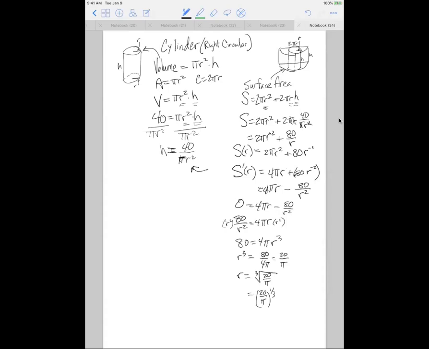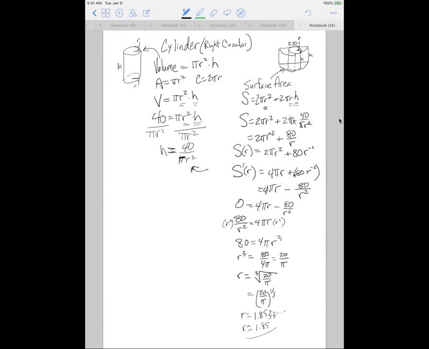On the calculator, I put in parentheses, because I don't want to raise it to the first power and then divide by 3. I want to raise it to the 1 divided by 3 power. That gives me r equals 1.8533, and let's round that to r is approximately 1.85.